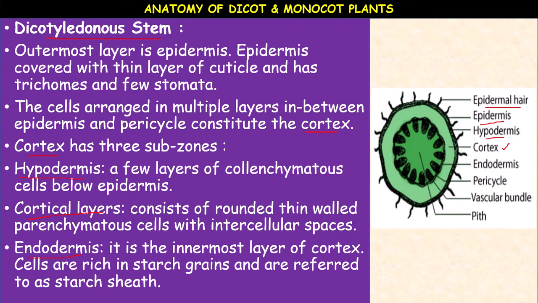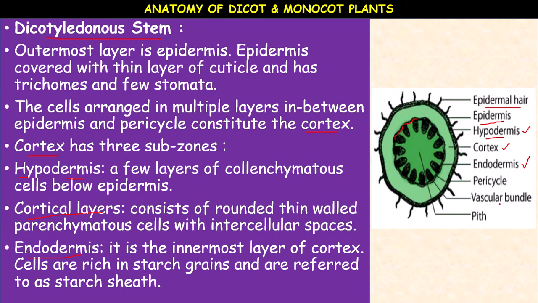So this cortex has 3 subzones, that is hypodermis, then cortical cells or cortical layer, then endodermis. The endodermis is the innermost layer of the cortex. It has cells rich in starch grains and is referred to as starch sheath. It is also called a starch sheath, this endodermis.